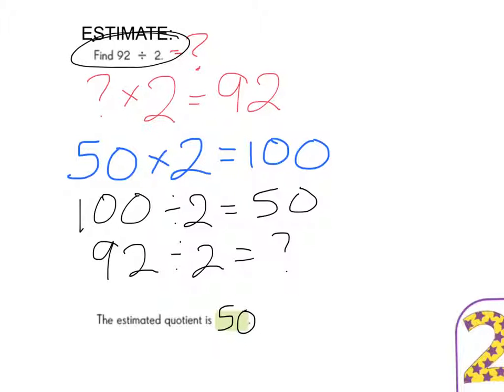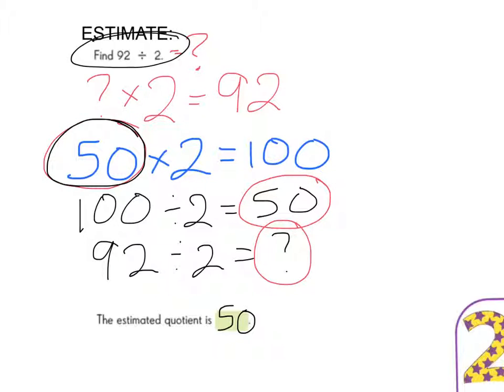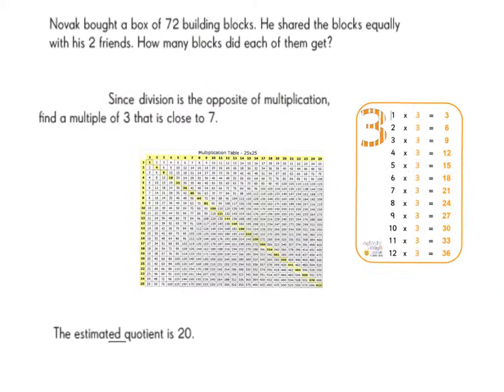What we were looking for was this question mark. Our estimate is this, which is also seen here in the multiplication problem. We used multiplication to estimate our division problems, and we can do that because they're so closely related.